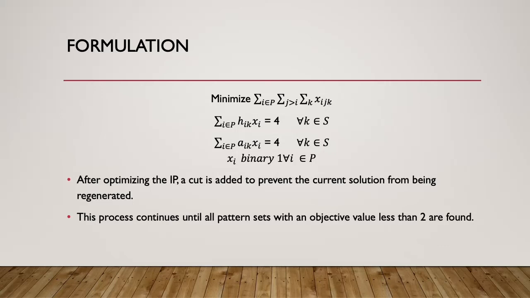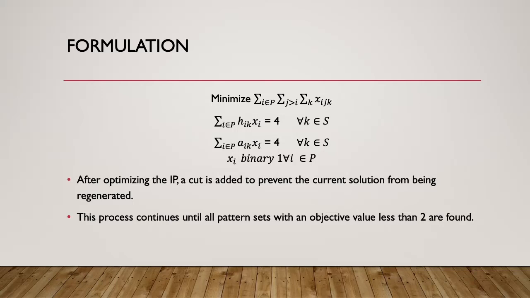So we minimize the patterns and select, subject to the sum of h_ik x_i equal to 4 for all k in S, and the sum of a_ik x_i equal to 4 for all k in S. This formula simplifies to minimizing the patterns and equally distributing the home and away matches.